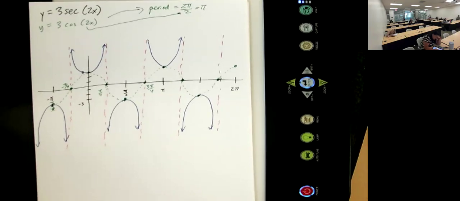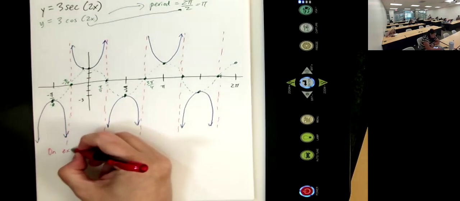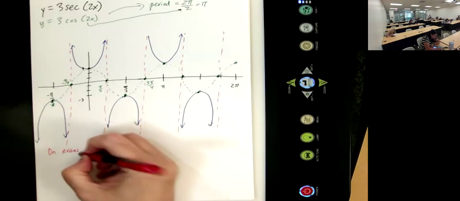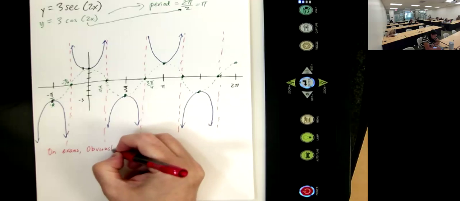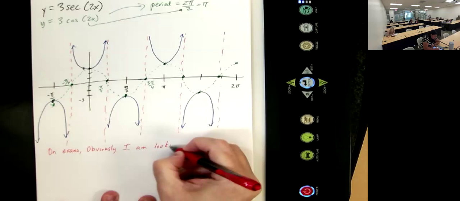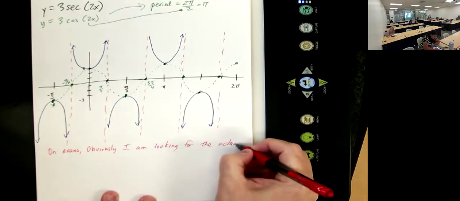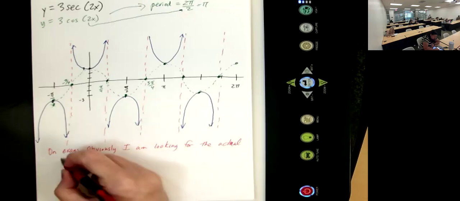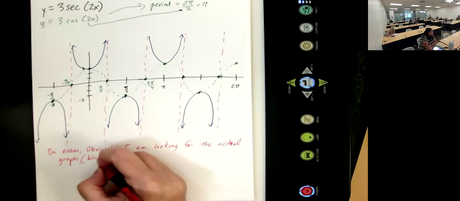In terms of what I'm looking for on an exam, obviously, I'm looking for the graph, which is the blue lines.